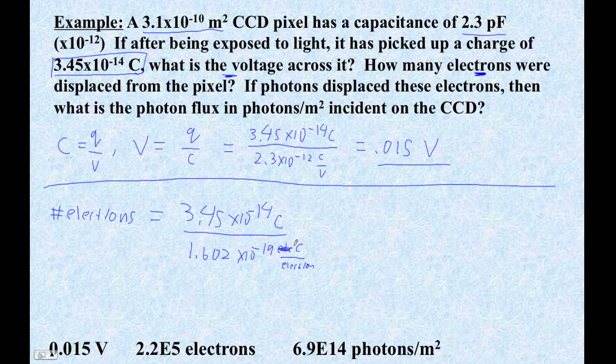Okay, so 3.45 E minus 14 divided by 1.602 E minus 19.